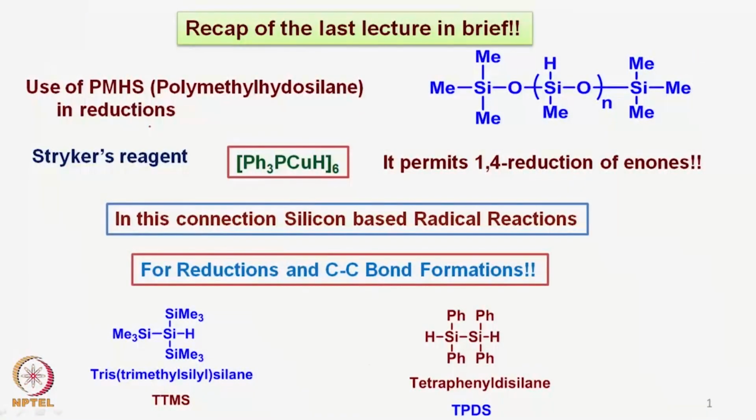Before we proceed with the remaining part of the topics, we would like to recap the last lecture in brief. What we learnt in the last class was the use of polymethylhydrosiloxane. This is the structure, and we studied its reactivity in the reductions of carbonyl compounds in the presence of tetrabutylammonium fluoride.